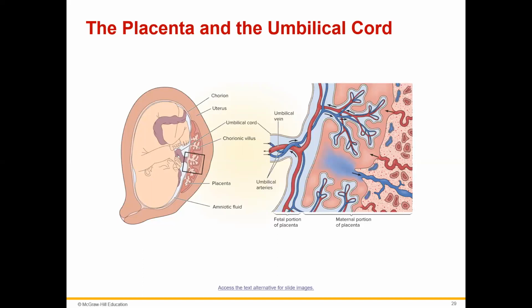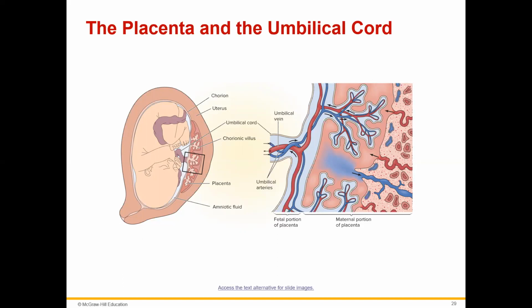But what happens is, because they intertwine and come so close to one another, they are able to pass oxygen, water, and salt and nutrients to the embryo from the mother system, and from the developing embryo to the mother, it can pass carbon dioxide and digestive waste to the mother system to be disposed of.